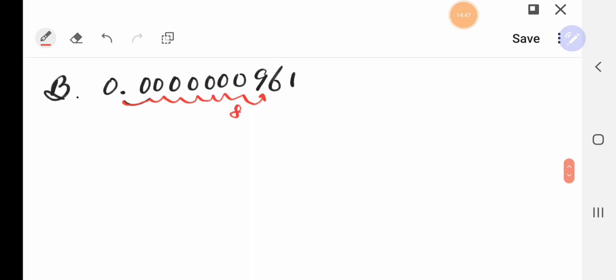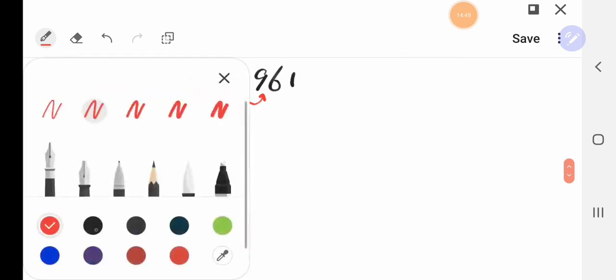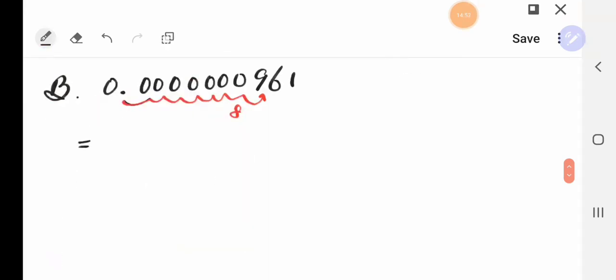Right or left, it doesn't matter, because when we write this in scientific notation, the number should be 9.61 times 10 to the nth power. This time it should be negative 8, because as I mentioned earlier, this number should be very small. 9.61 should be multiplied by something so that the result will be very small.